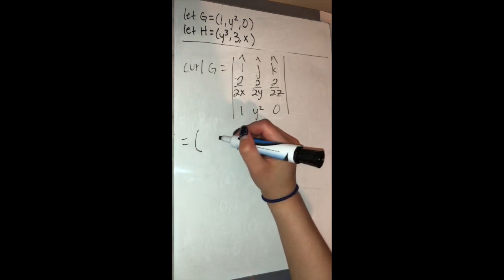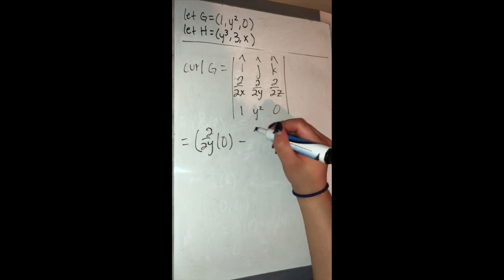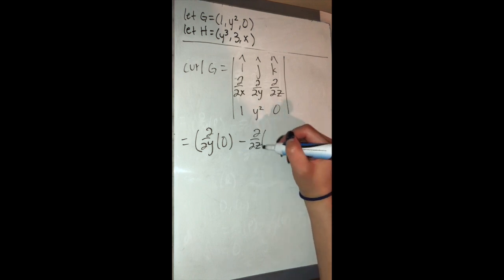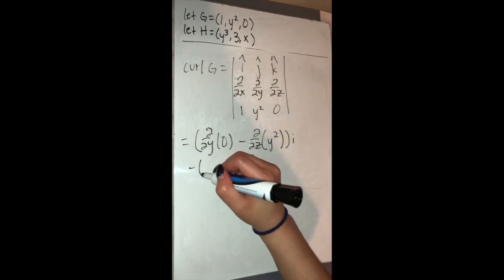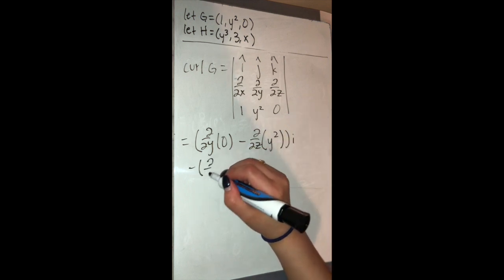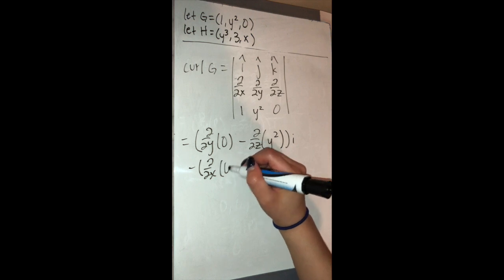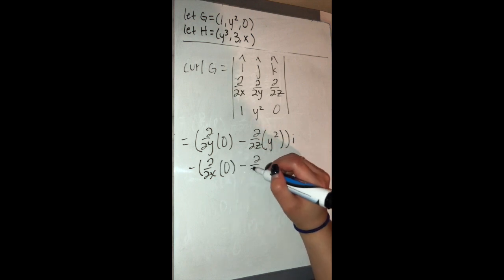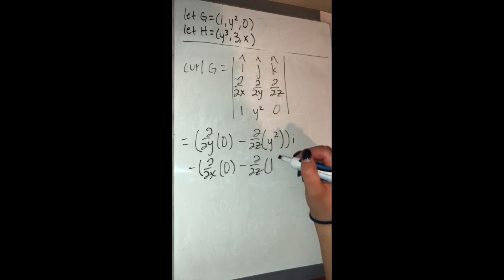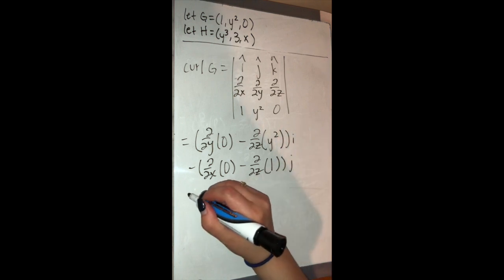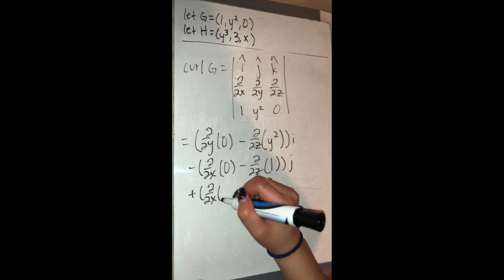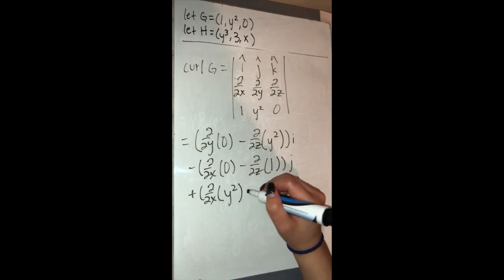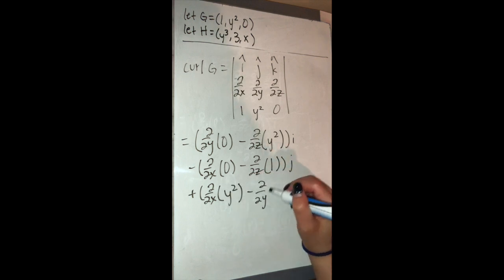Multiplying that out, your I component is partial with respect to y of 0 minus partial with respect to z of y squared. Subtracting your j component, you get partial with respect to x of 0 minus partial with respect to z of 1. And lastly, your k component is partial with respect to x of y squared minus partial with respect to y of 1.